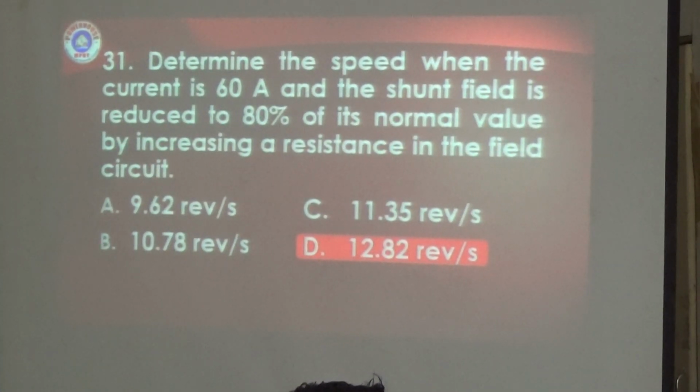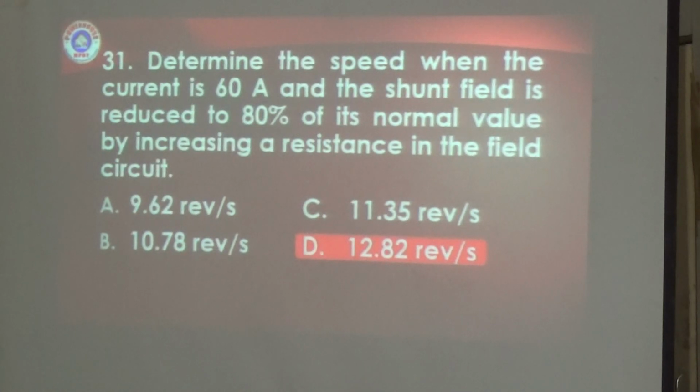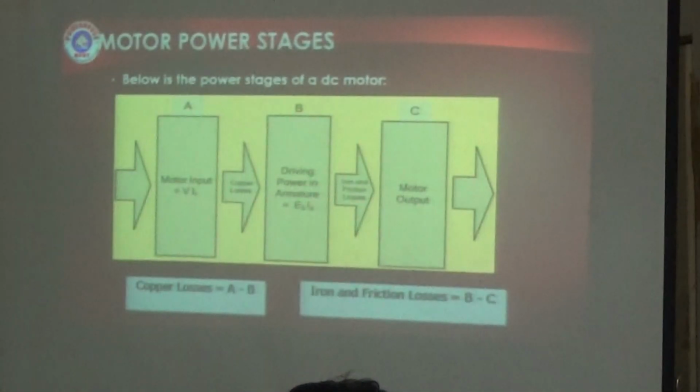So, the power stages ng motor, nahati din siya sa tatlo, no? Ito yan, no? Motor input. Mag-supply ka ng kuryente.